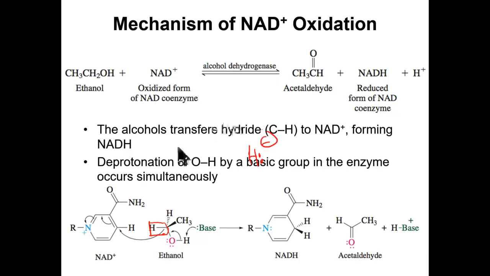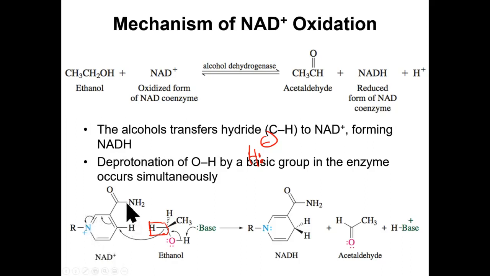So in the absence of NAD plus, this elimination certainly will not happen because hydride is such a horrible leaving group. But NAD plus, by virtue of having a positively charged pyridine nitrogen atom and the electron-withdrawing carbonyl group, is very hungry for electrons.